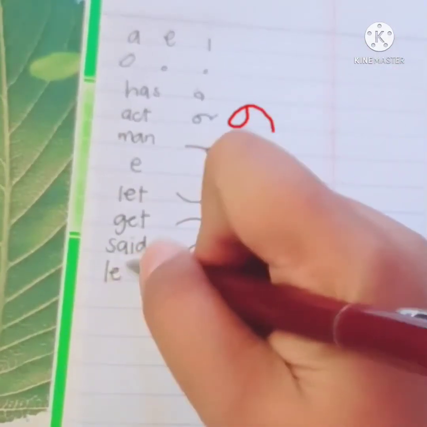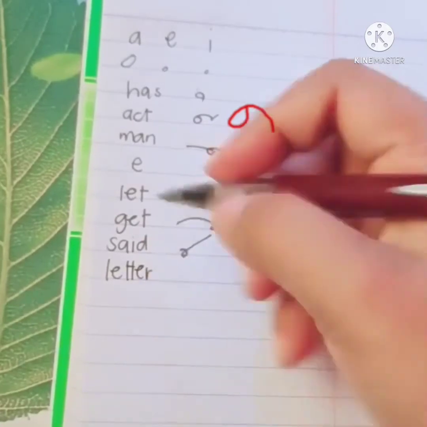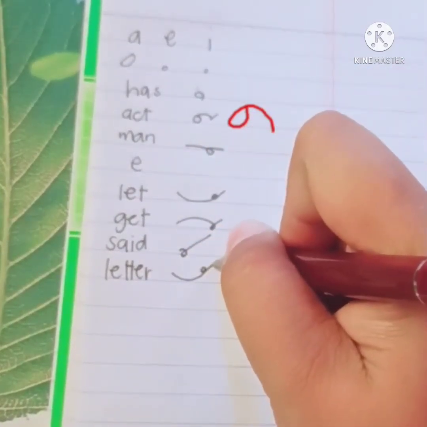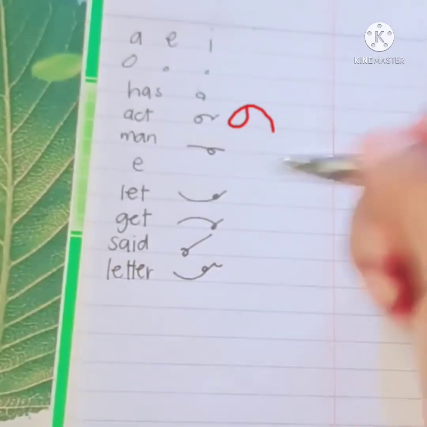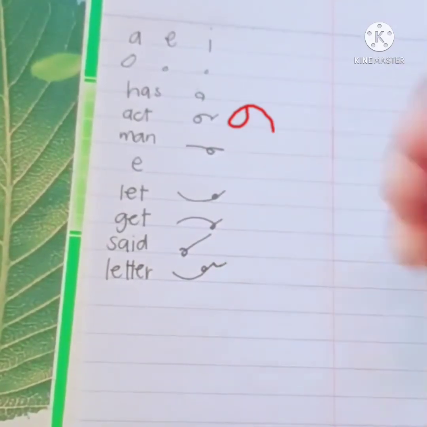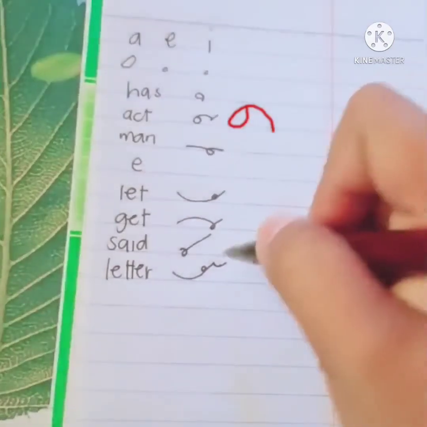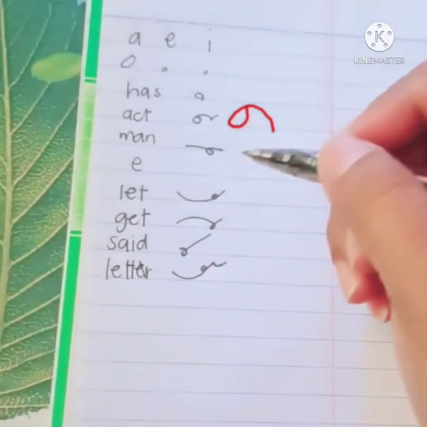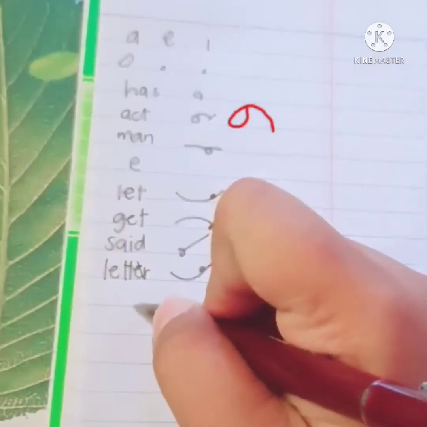Letter. There are omitted letters like E: L-E-T-R. The letter E in letter was omitted already. So E sound: A, E, E.